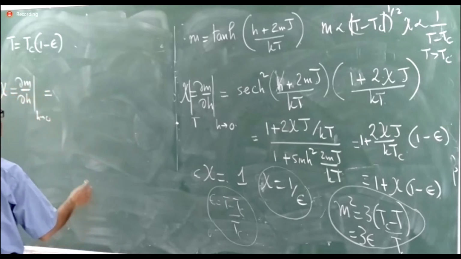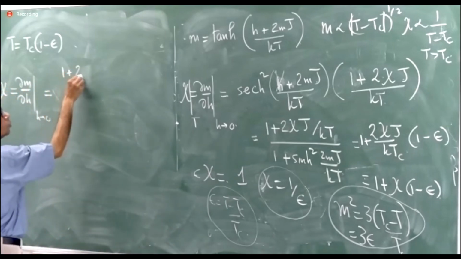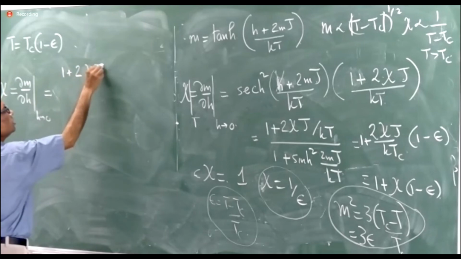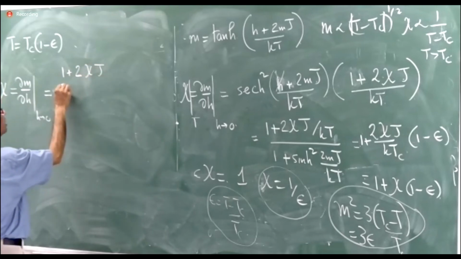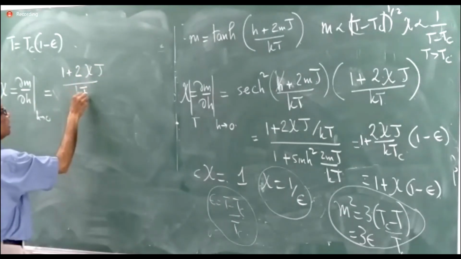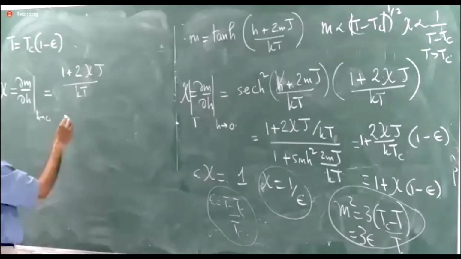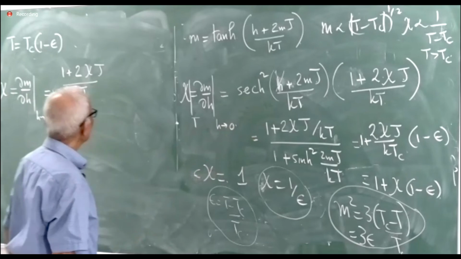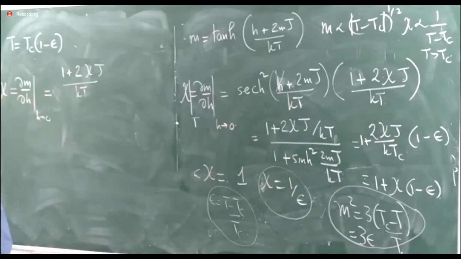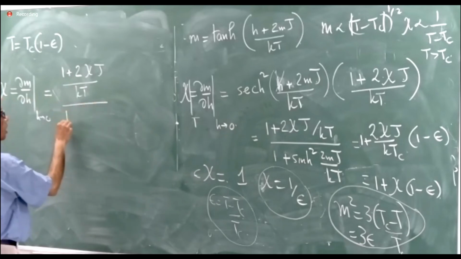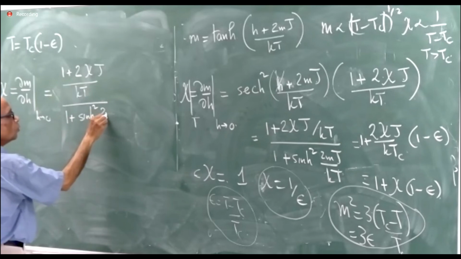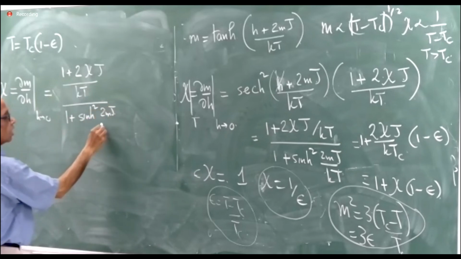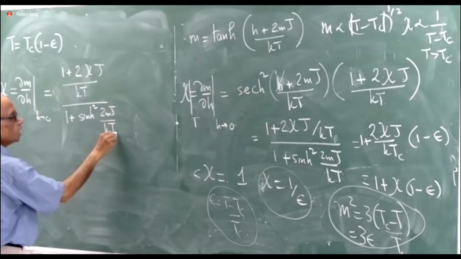It is now 1 plus 2 chi J divided by kT, divided by 1 plus sinh squared of 2mJ divided by kT.